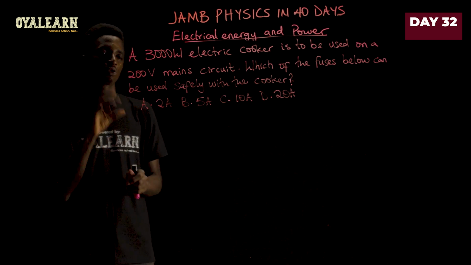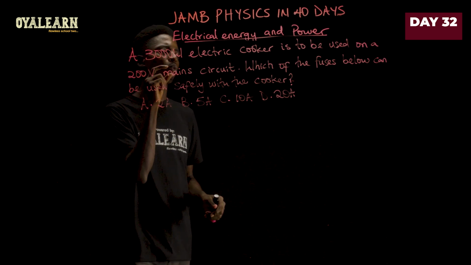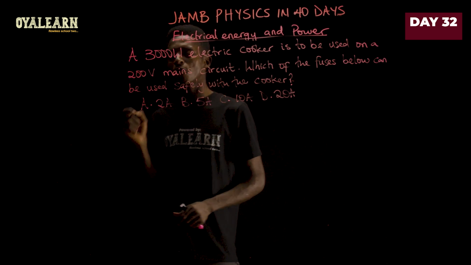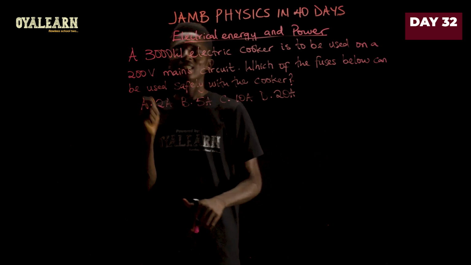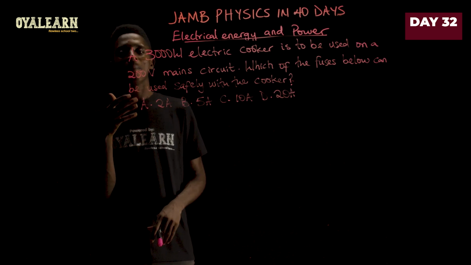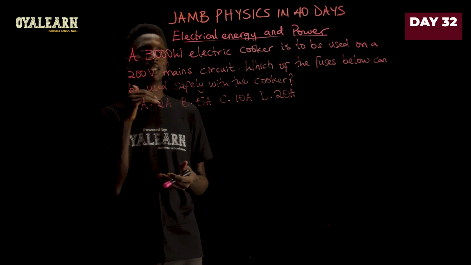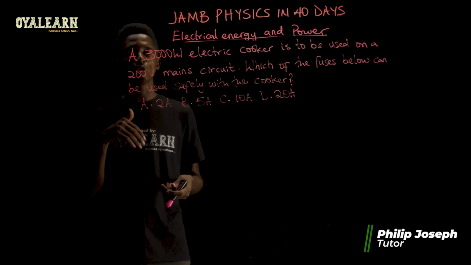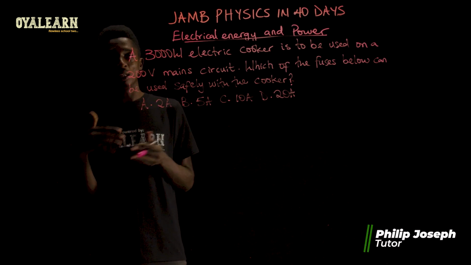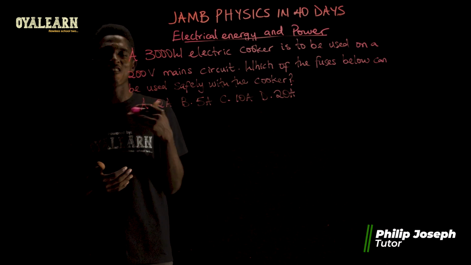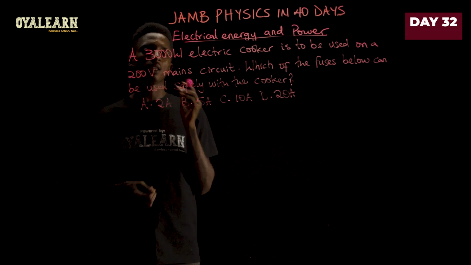Now, to answer this question, what we need to know is that to select a suitable fuse for a particular device, that fuse must be rated about 125% of the working current. That is, it should not be below that, and it should not be too far off 125% of the working current.